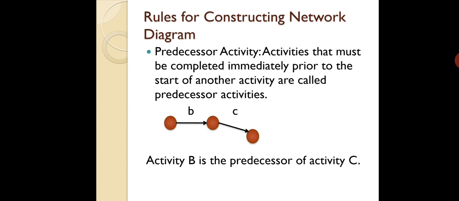So it means activity B is the predecessor of activity C. For example, in our project of construction of a shopping mall, digging of foundation is the predecessor of pouring concrete. It means we cannot pour concrete unless we dig the foundation.